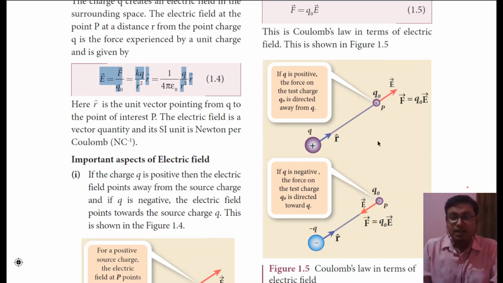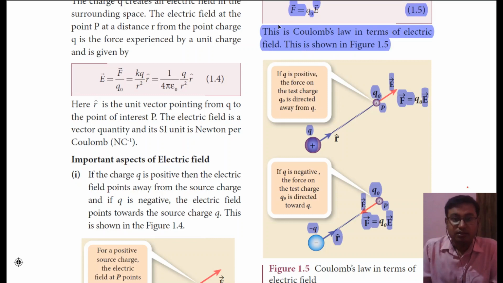And you can see in this figure, what are the things given here? If Q is a positive charge, the force on test charge Q naught is directed away from Q. Now see here, this is your source charge, that is Q, and it is positive, that is a proton.